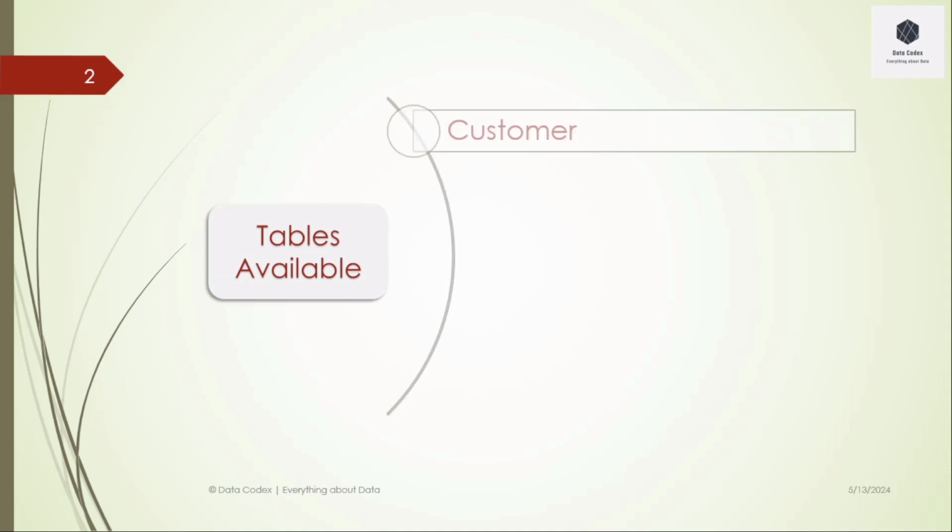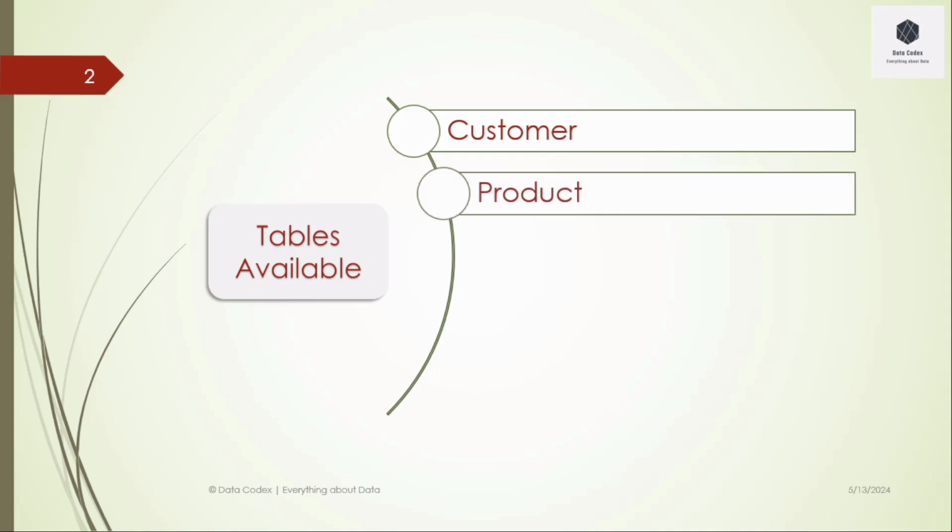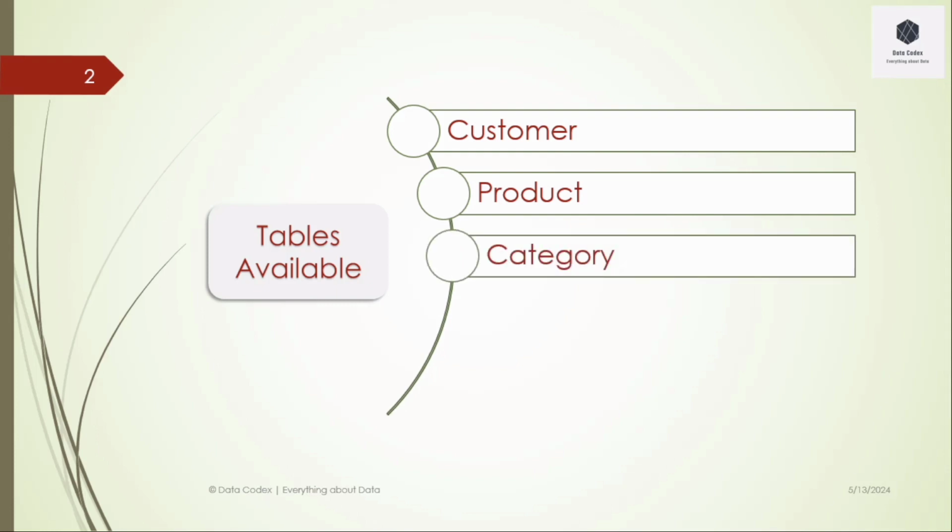To solve these questions, in total we have 5 tables available. We have a customer table which contains all the information about the customers, and a product table which contains all the information about the products. We have a category table. Each product has been categorized into certain groups, which is a category, and those category details are included in the category table.